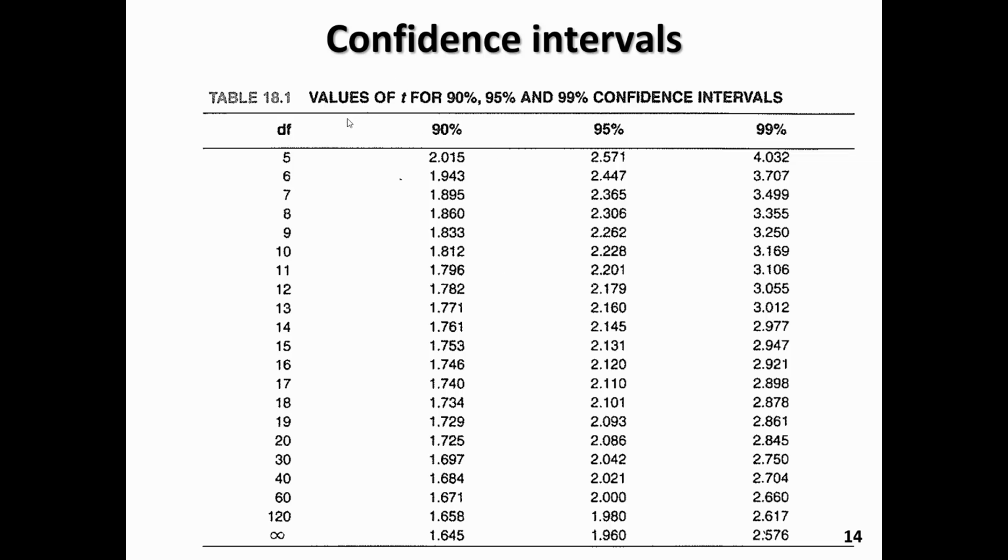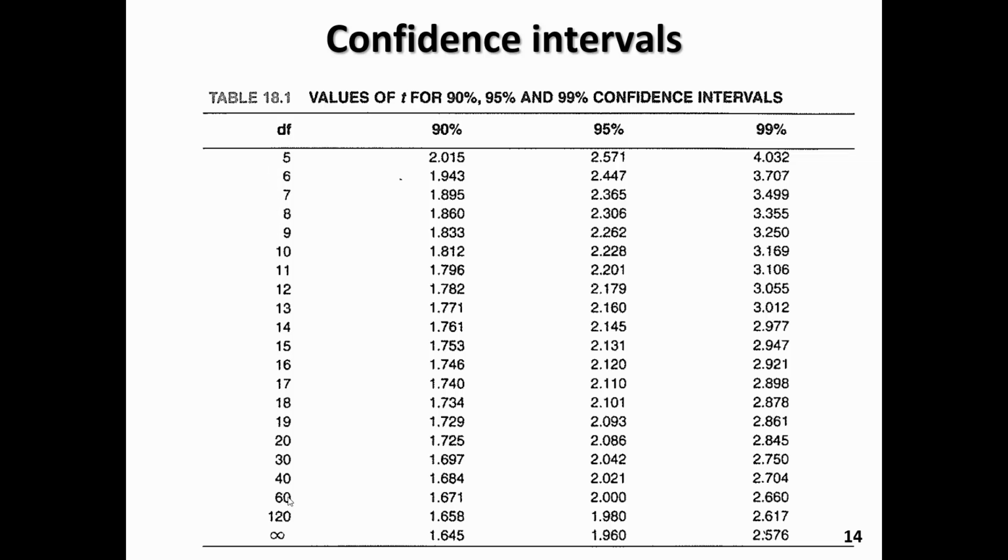In this particular t-table, we have 3 levels of confidence along the top here. So we have 90%, 95%, and 99%, but we typically use the 95% level. The first column is the degree of freedom, and that's determined by the sample size subtract 1. So you can see here that we have a number of sample sizes that are actually quite small.